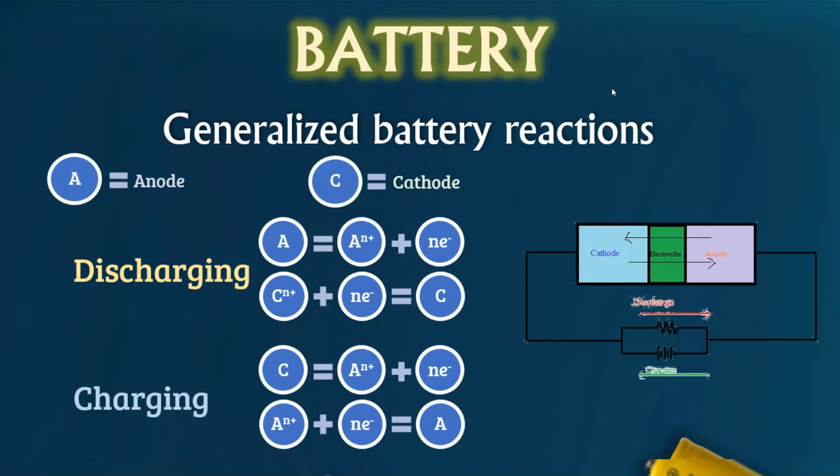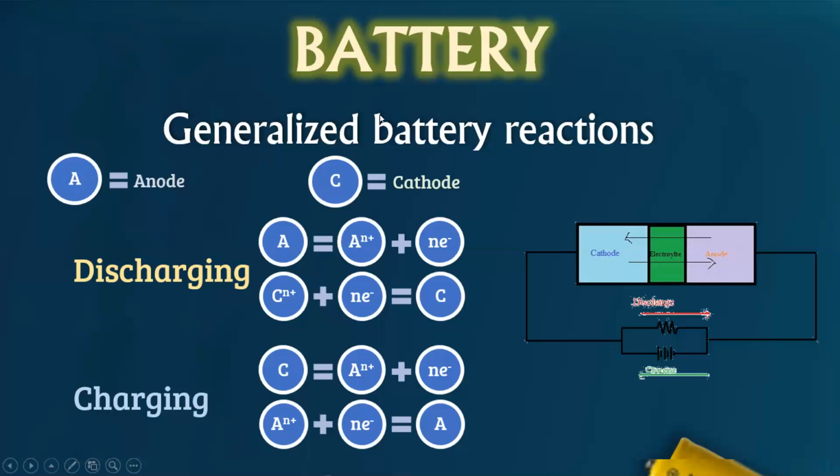In discharging, the reaction at the anode is oxidation, and it loses an electron, which through the electrolyte reaches the cathode, where reduction happens. Similarly in charging, a reverse reaction happens: at the cathode oxidation happens, and at the anode reduction happens.